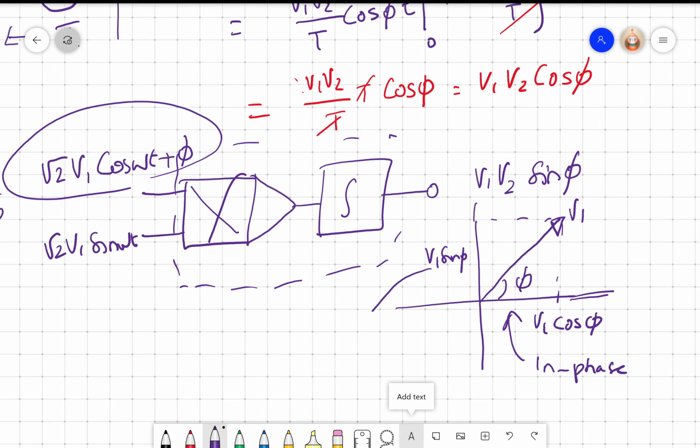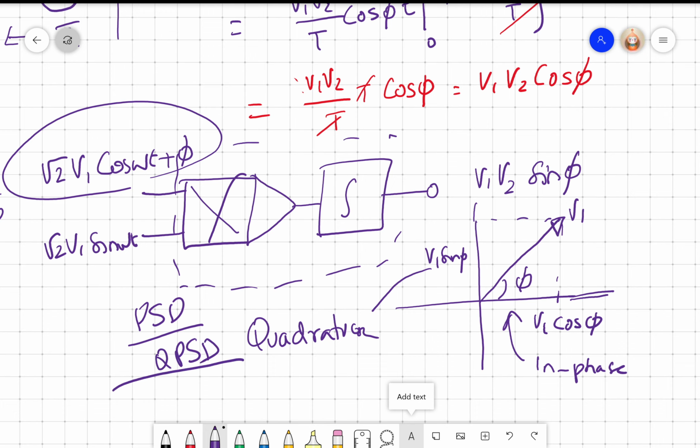This component we call the quadrature component, or this is on the real axis, this is on the imaginary axis of a complex plane. So we call the first PSD the in phase PSD, and the second one is called the quadrature PSD, or simply the first one is called PSD, phase sensitive detector. This one is called QPSD, right?